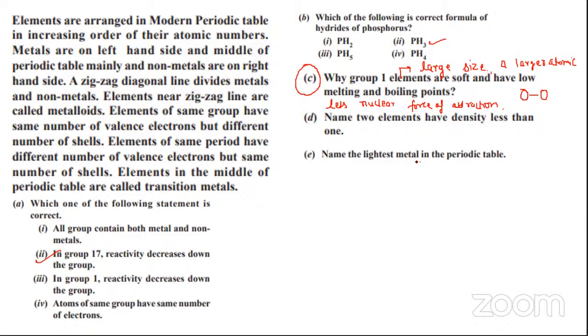Lightest metal, just go with the atomic number. The atomic weight is what? Number of neutrons plus protons. So just try to lower that as much as possible. That way you can get the lightest metal. It's not magnesium, obviously. What is the atomic weight of magnesium?